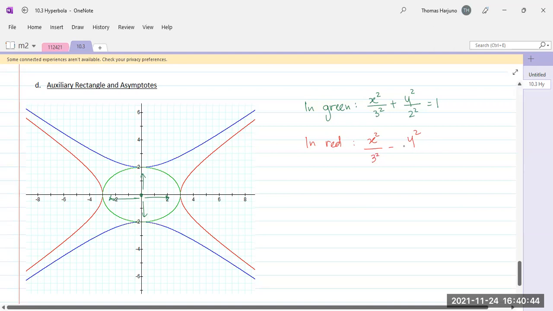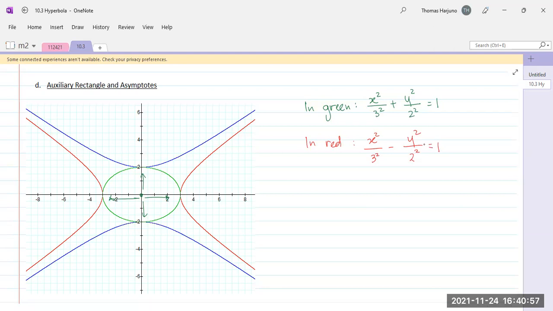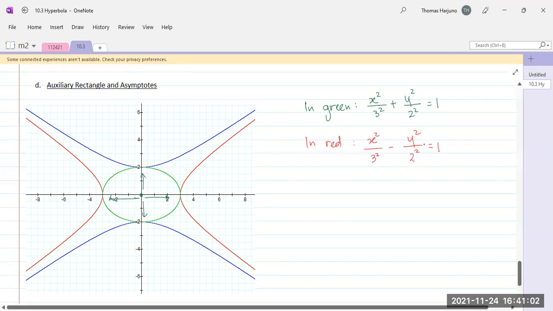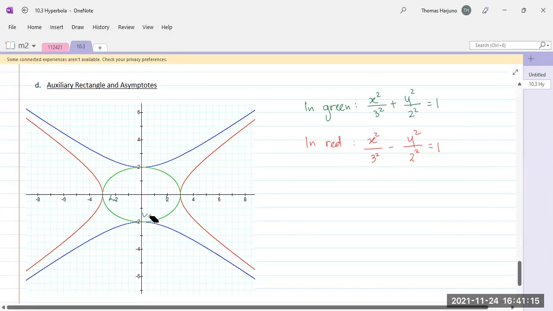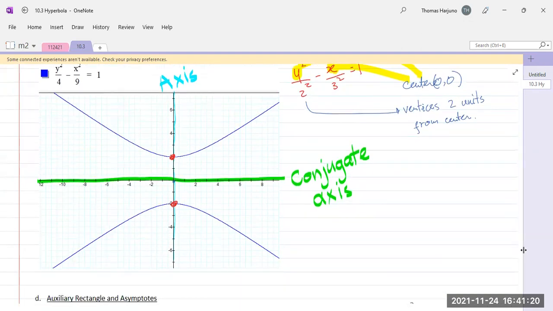Now, how do we know from this picture that it will be y squared over 2 squared? It really depends on the ellipse that gives you that hyperbola. We'll go deeper into that later on, because in reality, what happens if you don't have the ellipse like this?